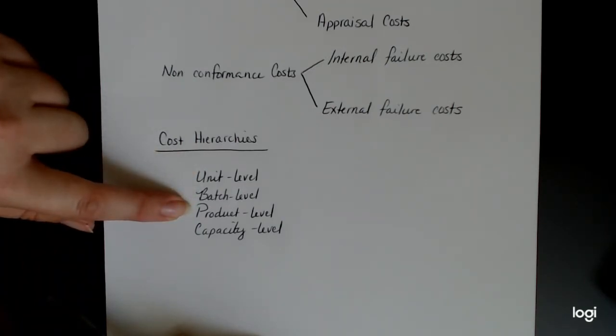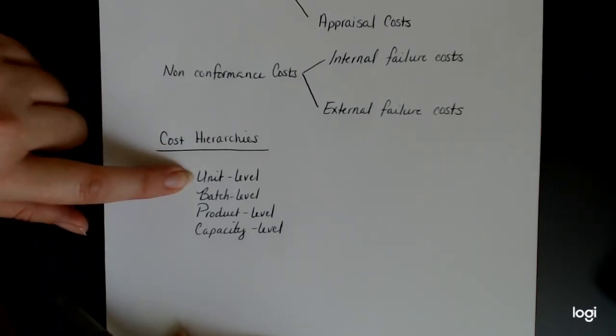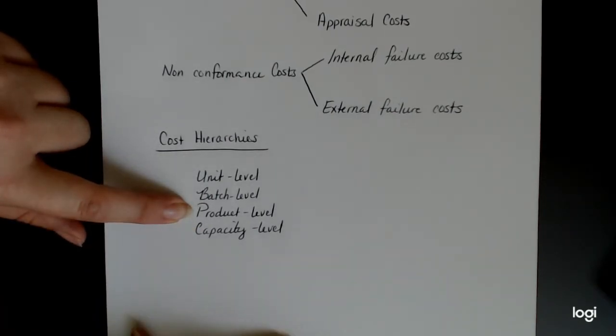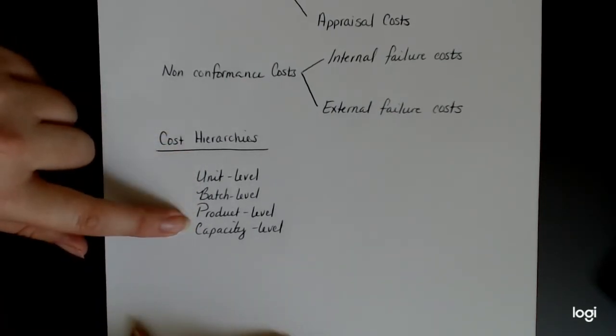For example, if you think about a manufacturer like Nissan, the individual car that they're producing would be the unit, but a certain model of car would be the product. So Nissan Versas would be the product. The individual car itself would be the unit. And then capacity level has to do with that relevant range that we started learning about as well.